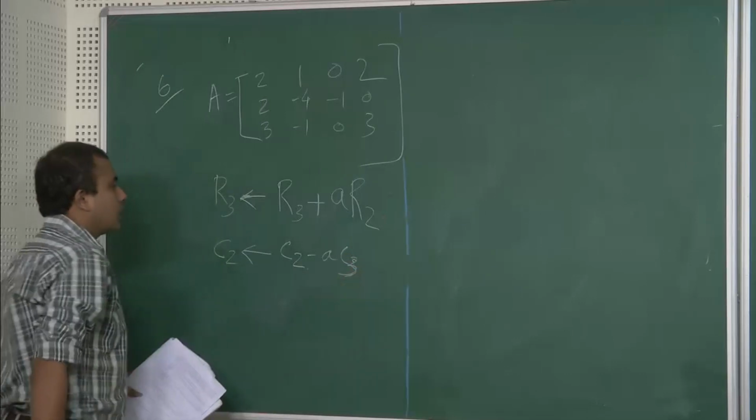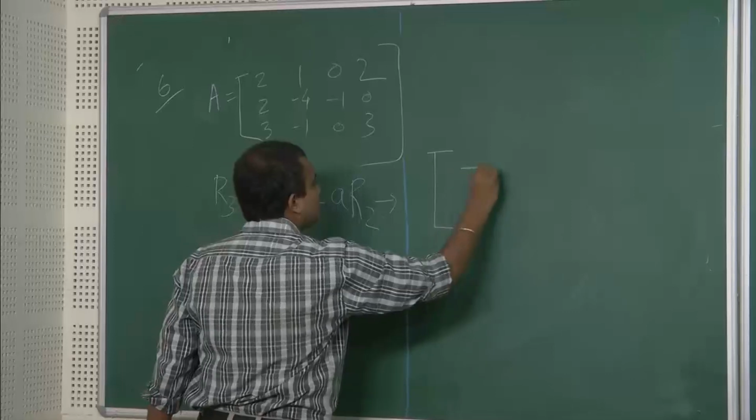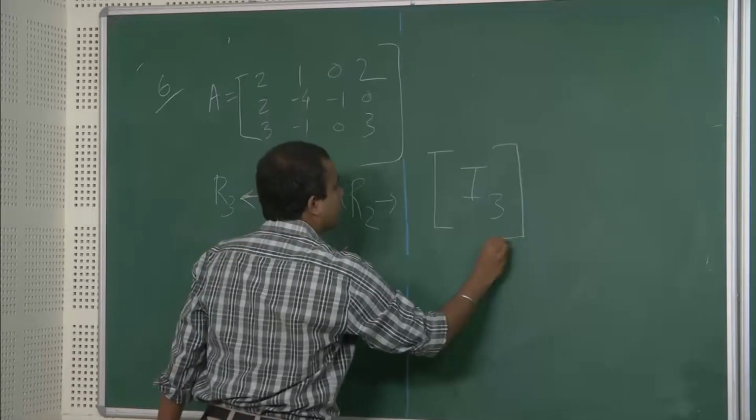So, why I said I will not do it, because this is basically simple. Here you start with an I3 for the row operation.